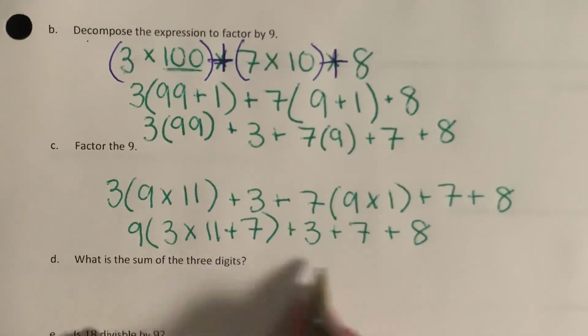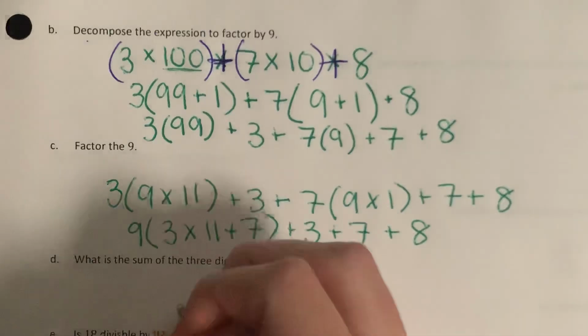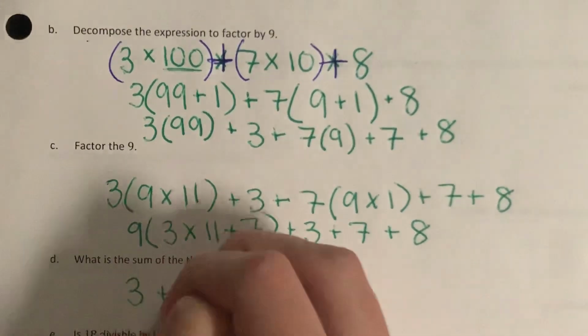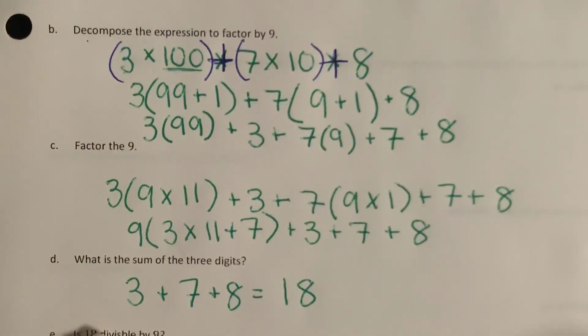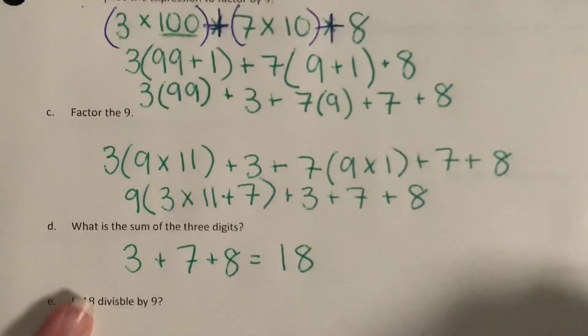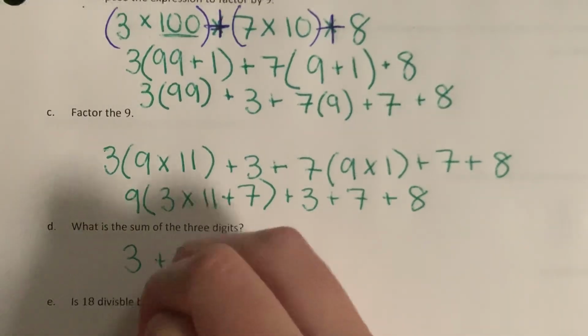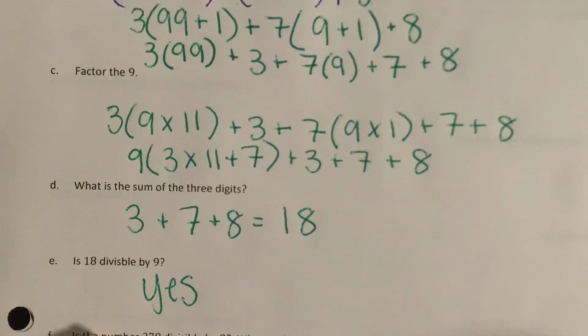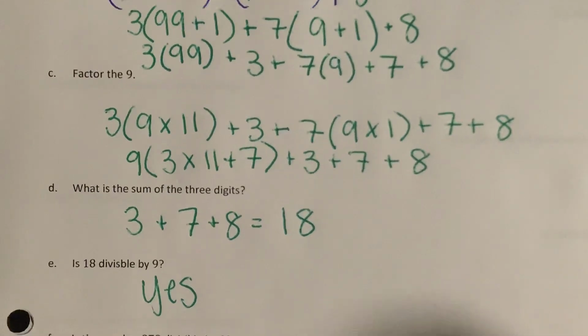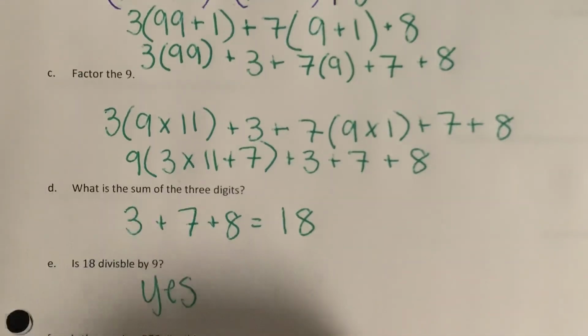And if we think, what is the sum of the 3 digits? We get 18. The sum of the 3 digits is 18. And is 18 divisible by 9? Can we do 18 divided by 9? Yes, we can. Therefore, we can now answer this question. Is the number 378 divisible by 9? Why or why not?